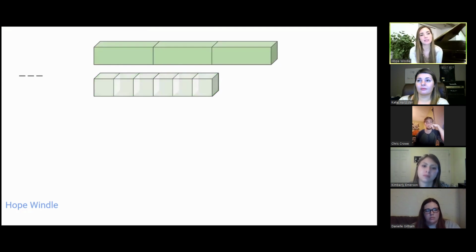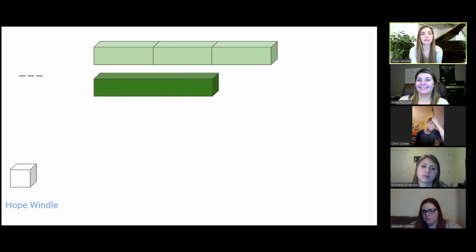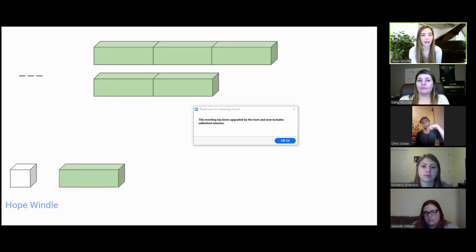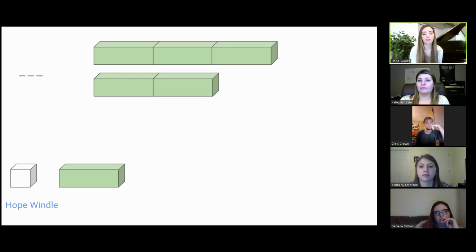But we can see that a 3 can fit in both, so we can deduce that 3 is going to be the greatest common factor of the numbers 9 and 6.